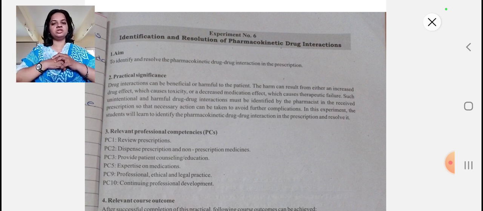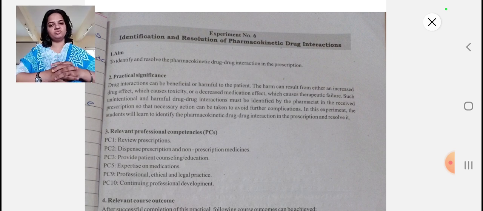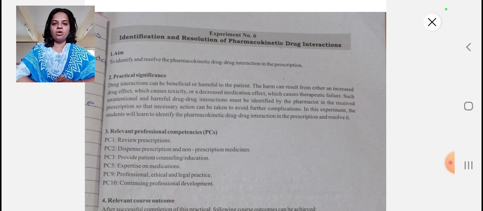Today we are going to discuss pharmacokinetic drug interactions and their resolutions, and see the questions and answers behind this. Experiment number 6 is identification and resolution of pharmacokinetic drug-drug interactions. The aim of the experiment is to identify and resolve the pharmacokinetic drug-drug interaction in the prescription.